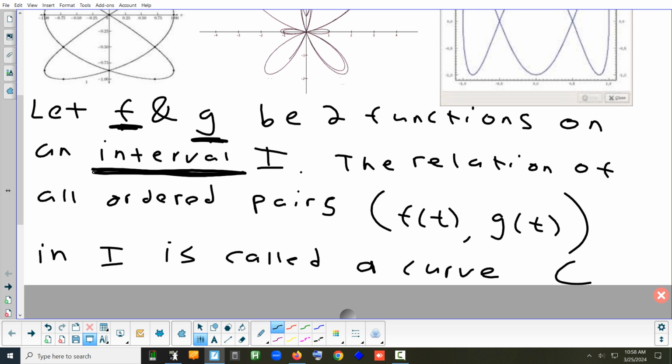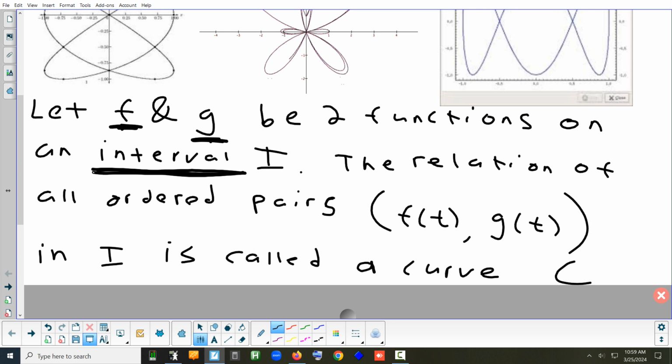The interval, that's I. Yeah, we call the interval an I. Now, you literally have to plug in every single number from 0 to 10, like 0, 0.001, 0.0002. Obviously, it's not possible. You can't plug in every single possible value from 0 to 10.